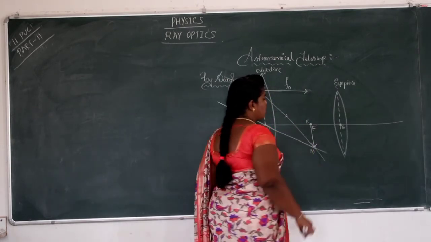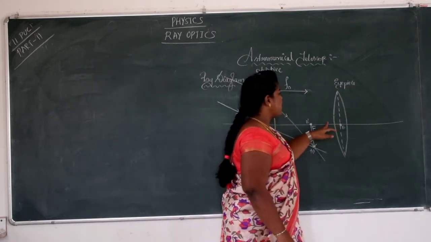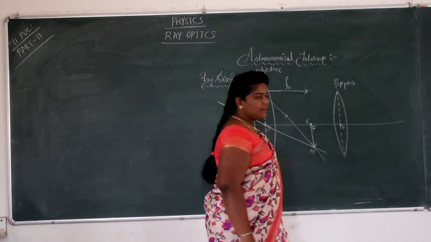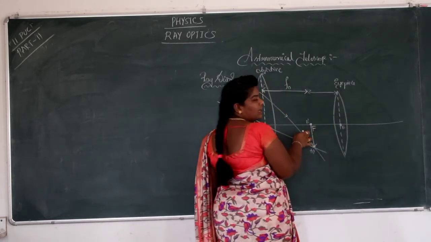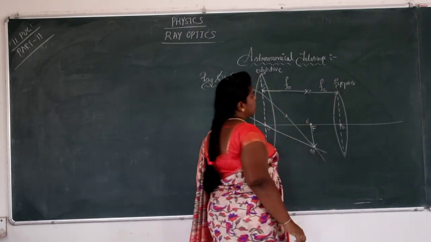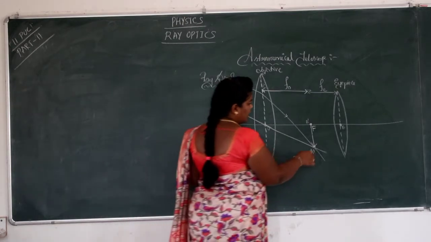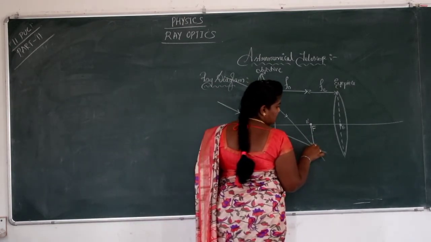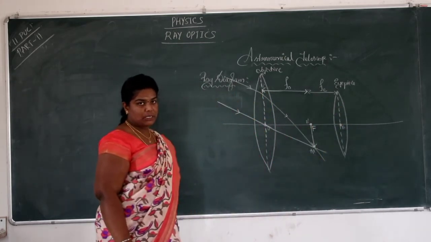However, this principal focus is common for both the objective lens and the eyepiece. The distance between the optic center and the principal focus is called the focal length of the eyepiece, written as Fe.